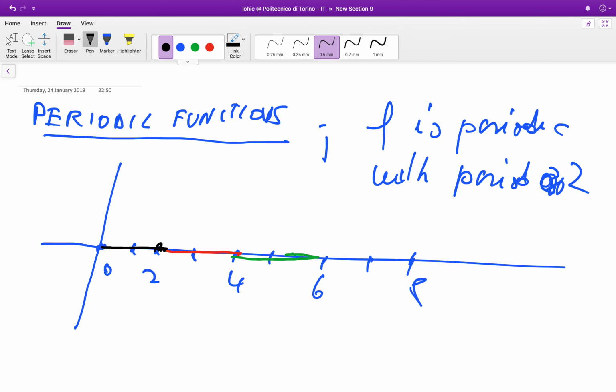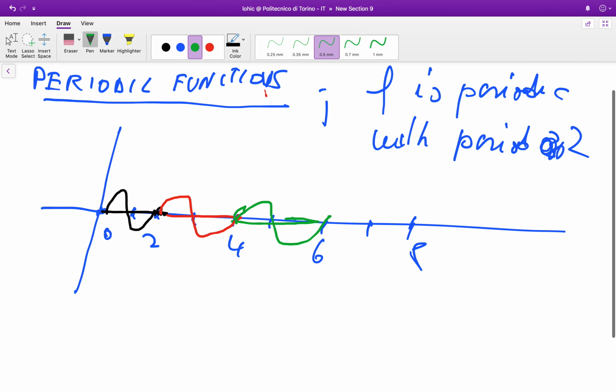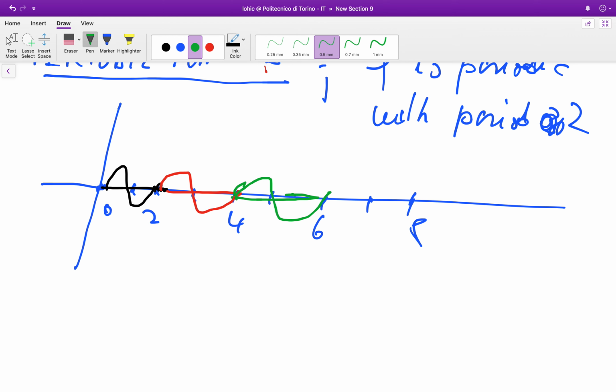Suppose the graph of the function is like this on the first period; on the second period it's exactly going to be the same. So the function repeats itself exactly, and you will keep doing it like this. This is the periodic function.